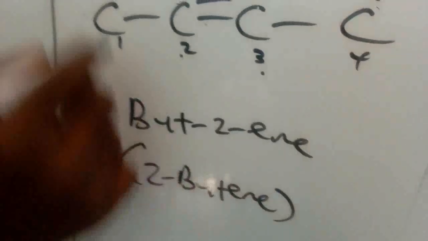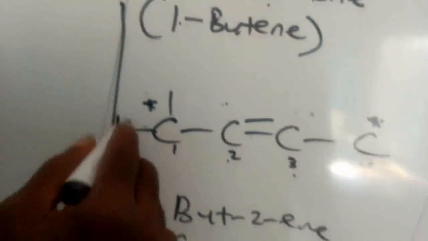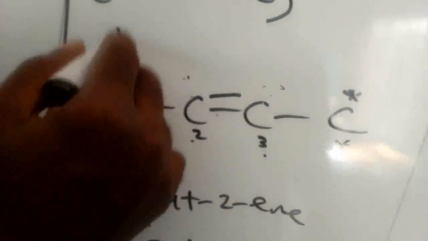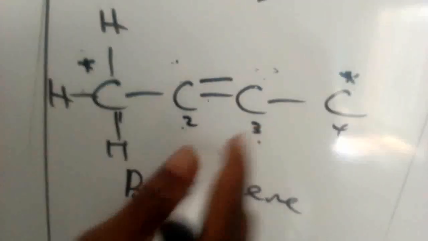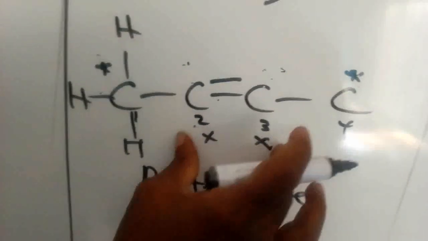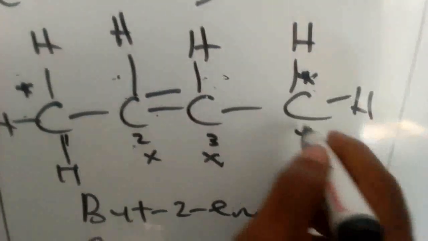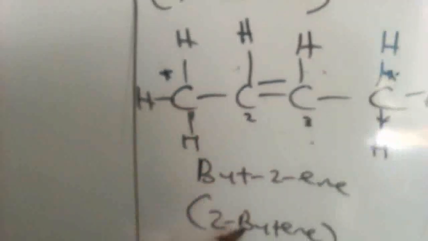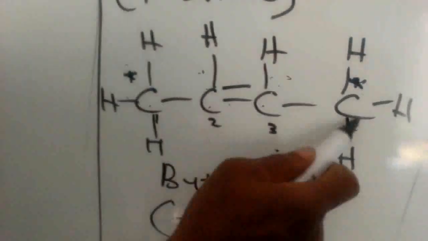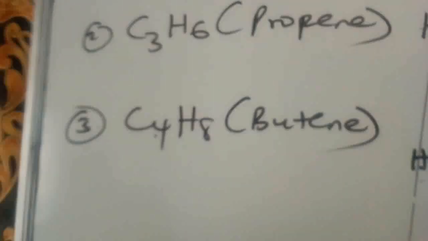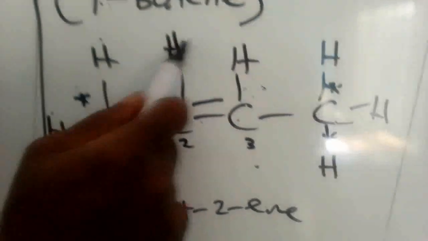Now I will add the hydrogen atoms. Where I have the double bond, I subtract 2 hydrogen atoms, and then add the hydrogens on the rest. So when you look at this compound, it is still 1, 2, 3, 4, C4, and hydrogen 1, 2, 3, 4, 5, 6, 7, 8, H8.